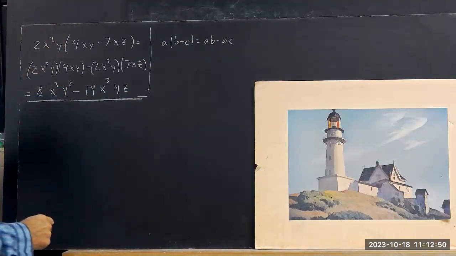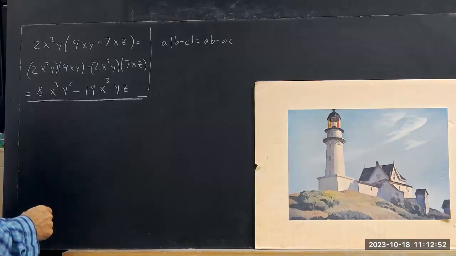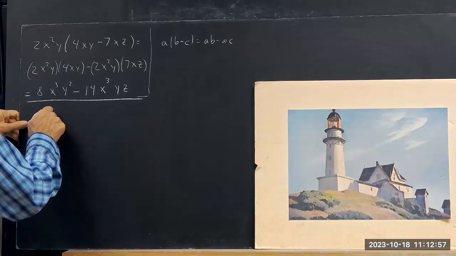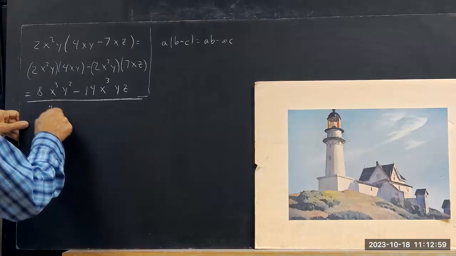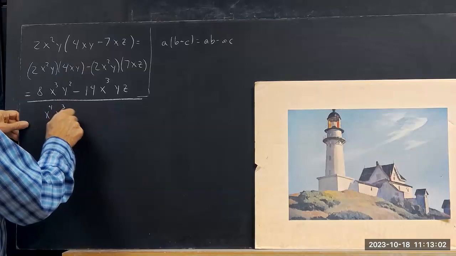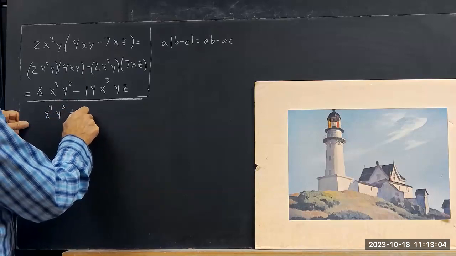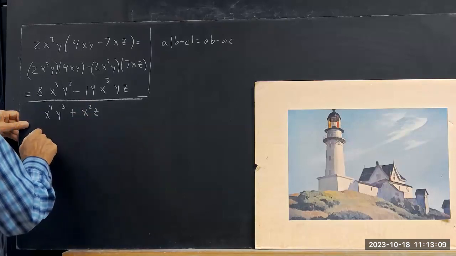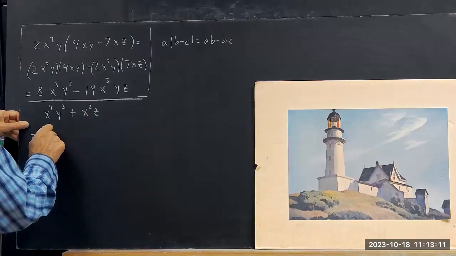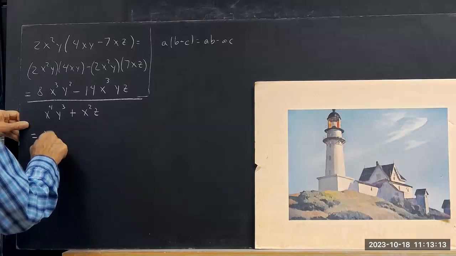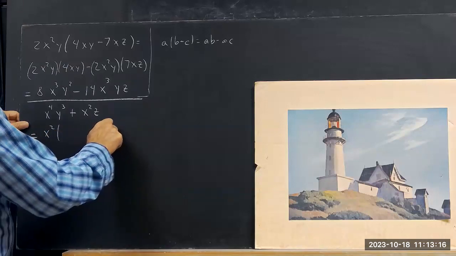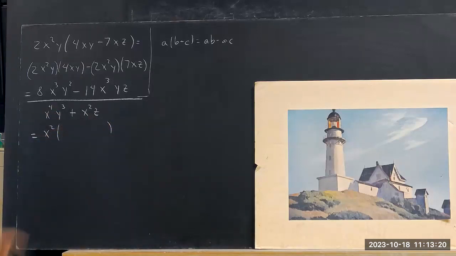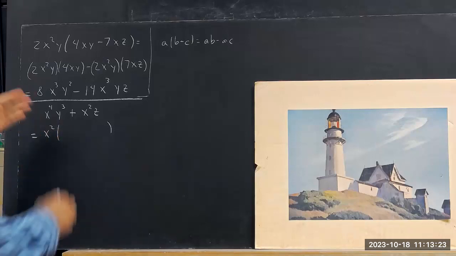Now, let's look at this. I'm going to tell you that x to the fourth y cubed plus x squared z can be written as x squared times something.